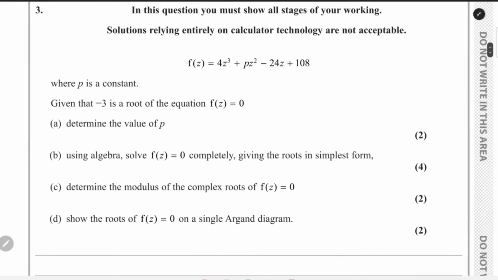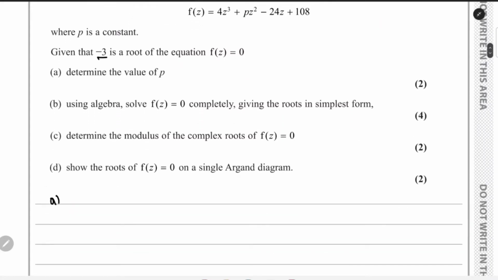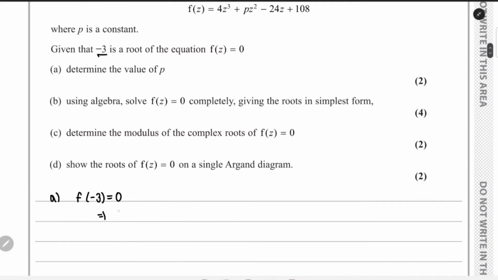Now moving on to the next question. We have this cubic function over here. In the first question, we are given that minus 3 is a root, and using that we have to find the value of p. So the function for minus 3 is 0. Since minus 3 is a root of the equation, now I'll put the value of z as minus 3.